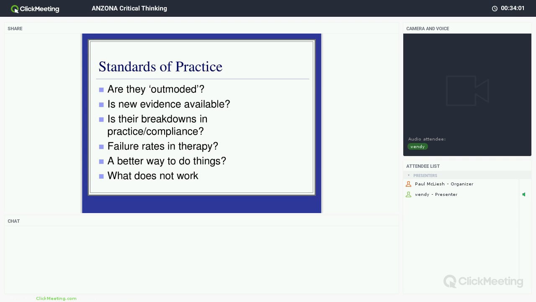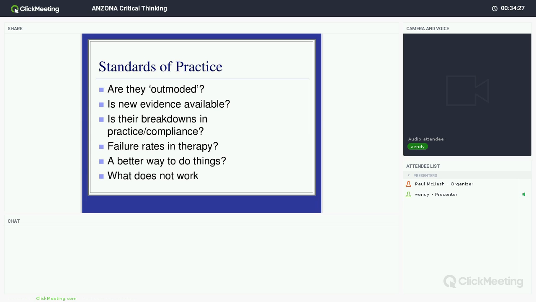Okay, and the chance with why is maybe that there is a better way of doing it. Are you seeing failure rates in the therapy or the intervention that you're using as well? Again, that needs to come down to that why question, and it needs to be evaluated and look at maybe a different set of action for that as well. Is there a better way to do things than what we're always doing? And what doesn't work?